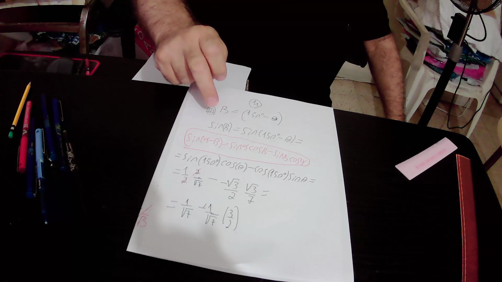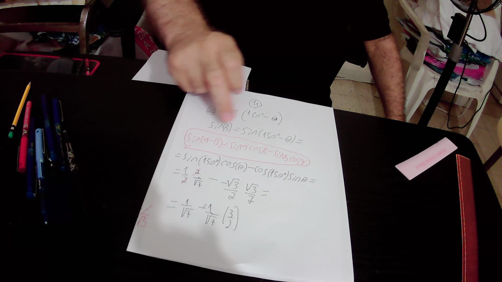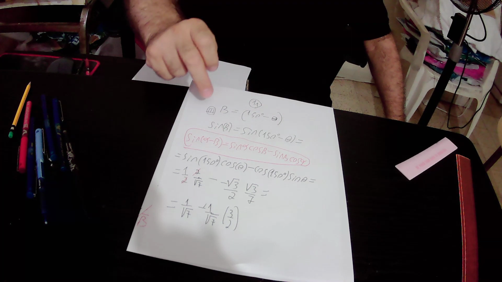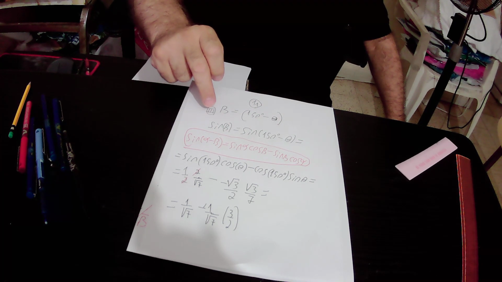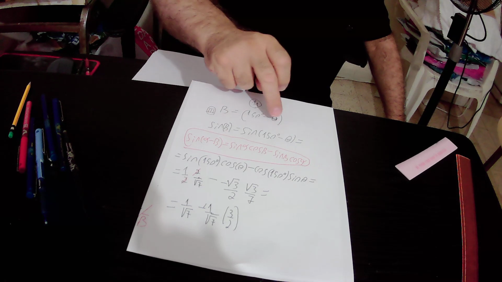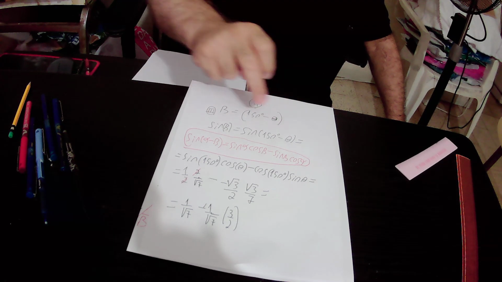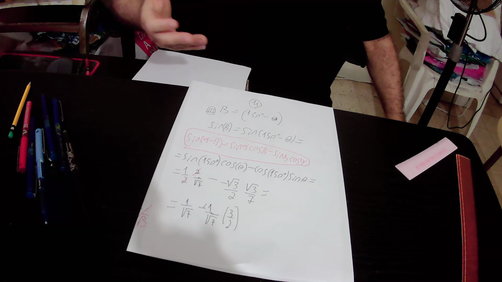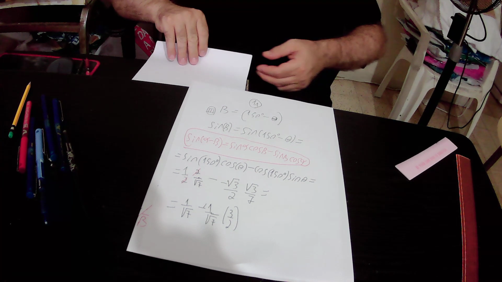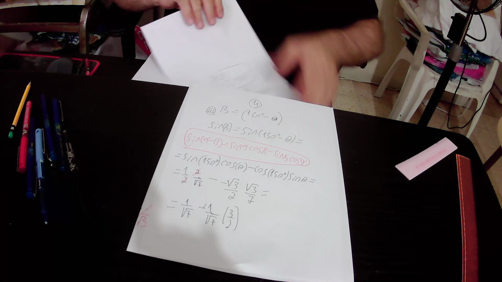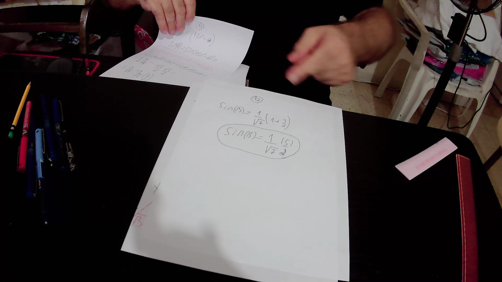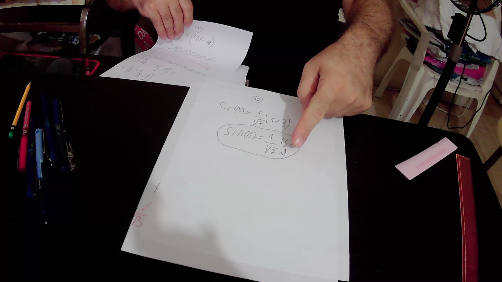Here we substituted alpha by 150 degrees and beta by theta, and we found that the value of sine beta is 5 over root 7 times 2.